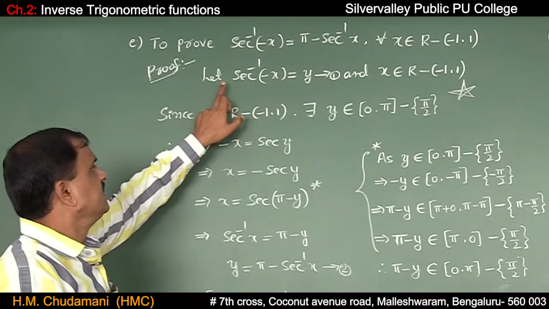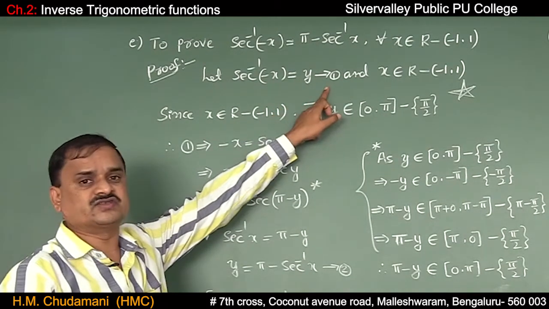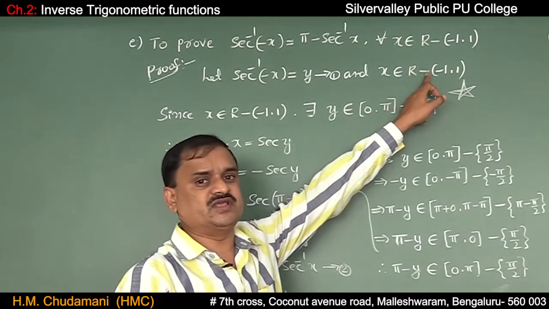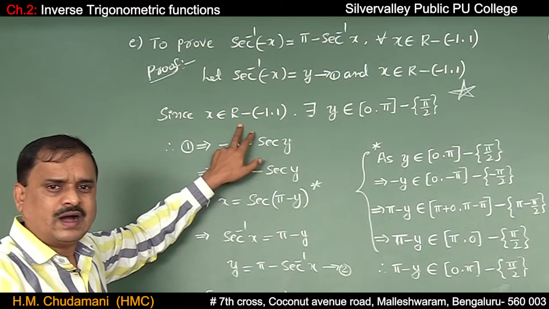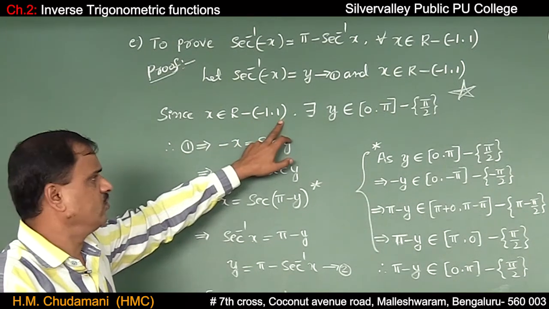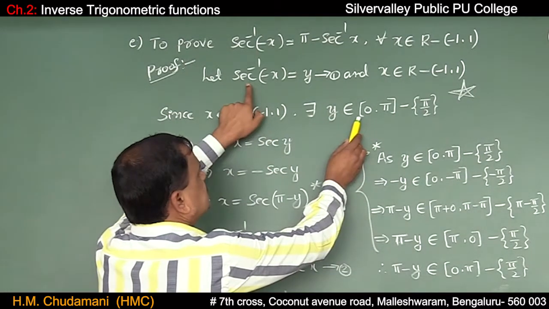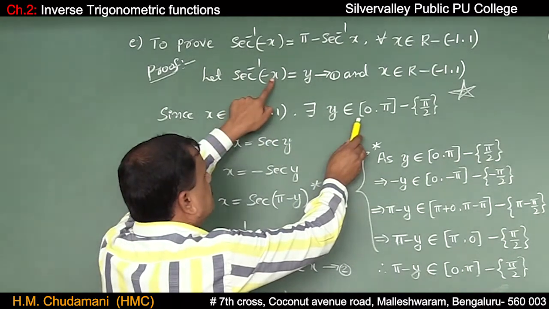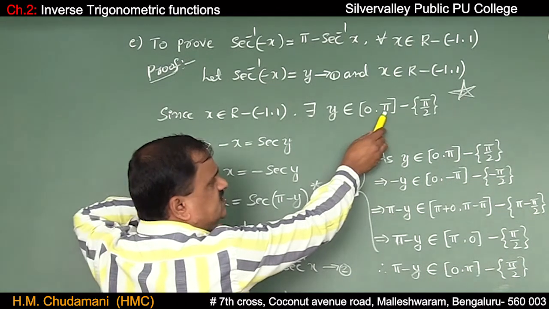Proof. Let secant inverse of minus x is equal to y, call it as equation 1, and x belongs to the real number except minus 1 comma plus 1. Since x belongs to R minus of minus 1 comma plus 1 open interval, there exists y, where secant inverse of 1 means 0, and secant inverse of minus 1 is pi.